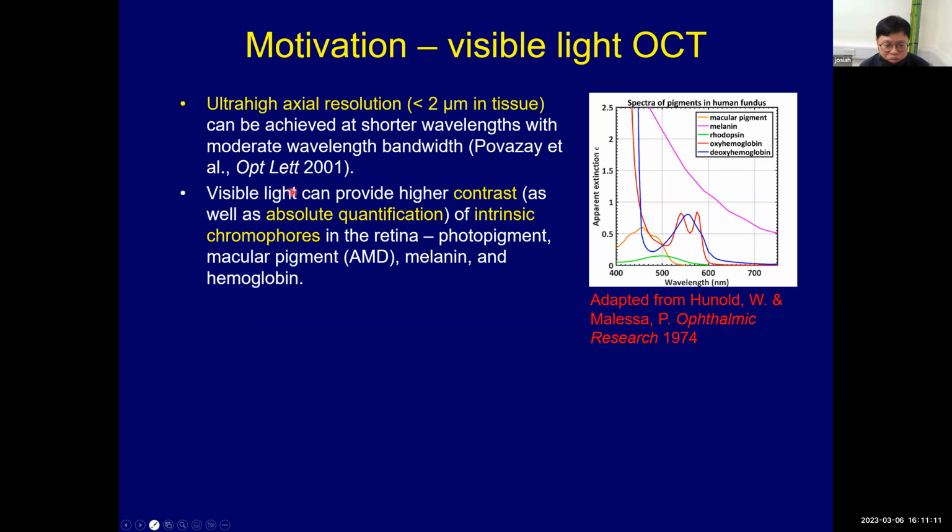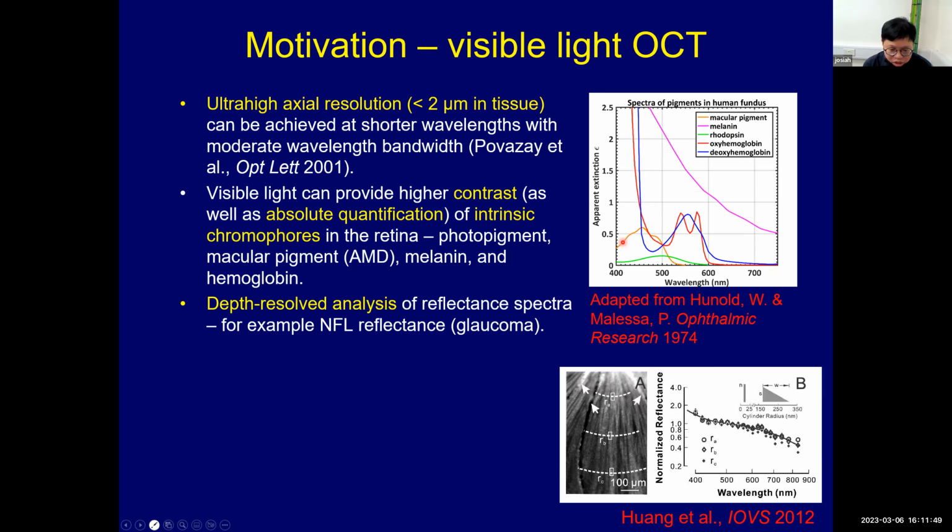It also gives you better contrast of the intrinsic chromophores. This diagram shows that you can have a lot of absorptive contrast from chromophores like melanin or macular pigment, or even photoreceptor rhodopsin and blood absorption, which you will not be able to appreciate if you use NIR wavelength, because for NIR wavelength, these chromophores are almost transparent, since they are not absorptive in those regions.